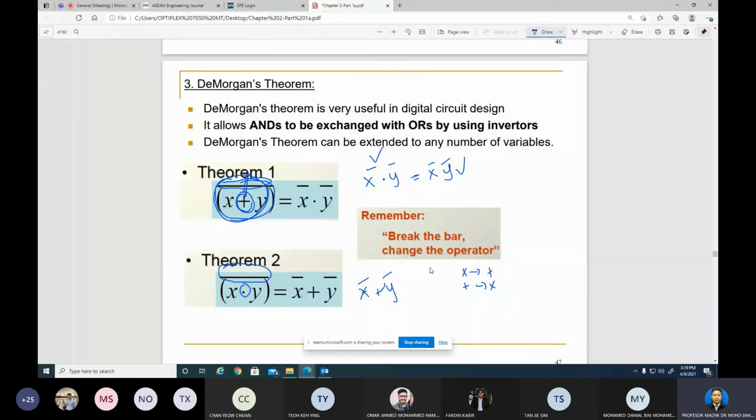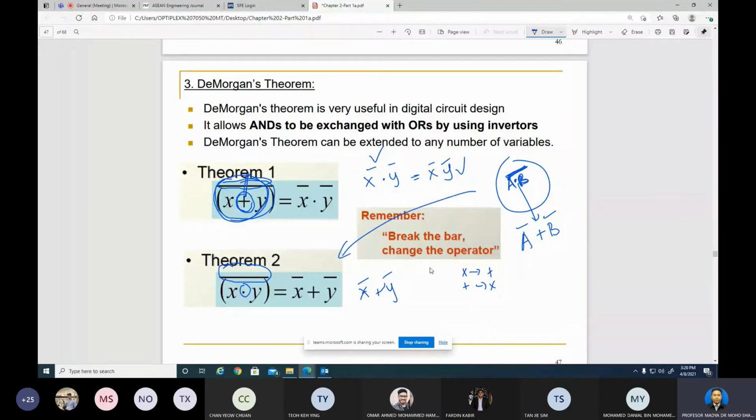For example, we have A B under a bar here. We can use De Morgan's theorem 2. That means the bar is separated over A and B, but the operation before was multiplication, so we change to plus. This is De Morgan's theorem 2.